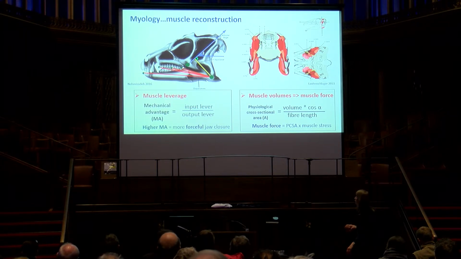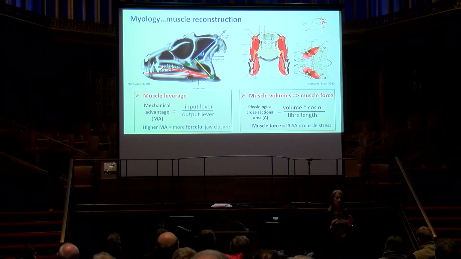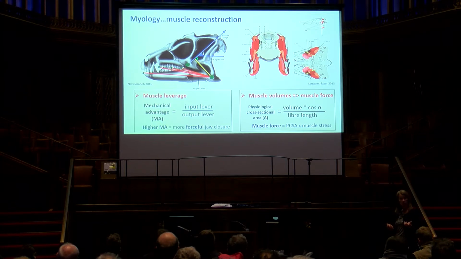In terms of muscle volumes as well, once we have a handle on where those muscles can attach, we can digitally reconstruct the size of those muscles themselves. And once we have an estimate of muscle volume, we can then calculate how much force those muscles can generate.